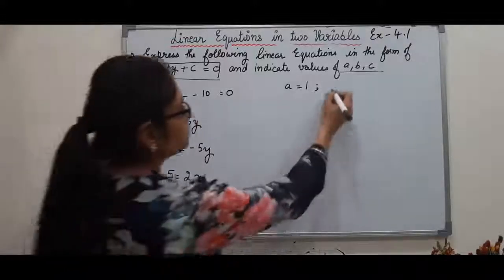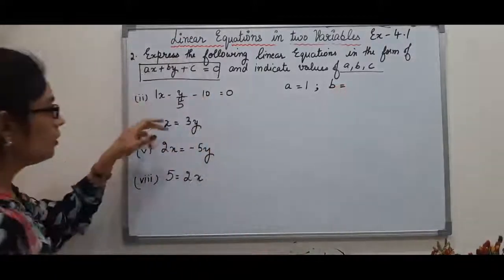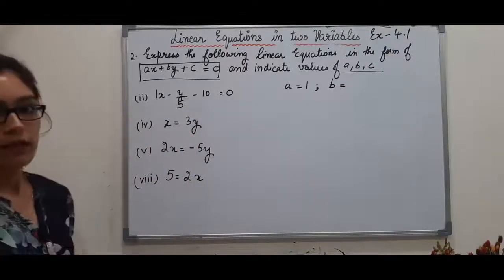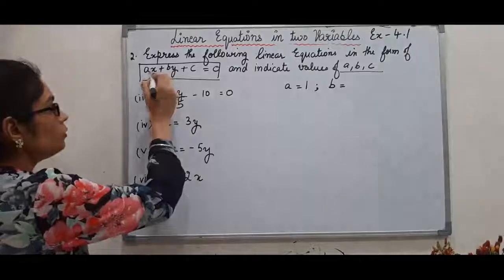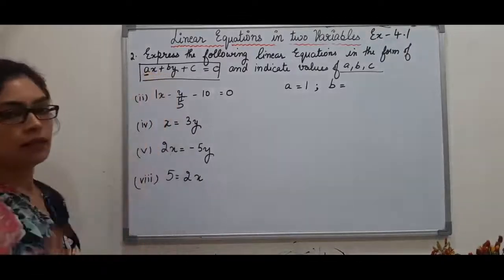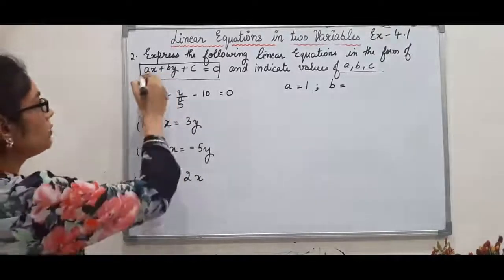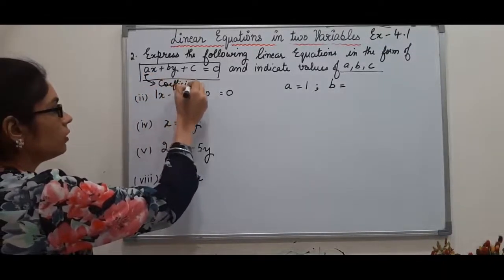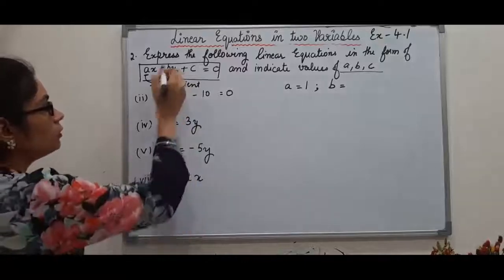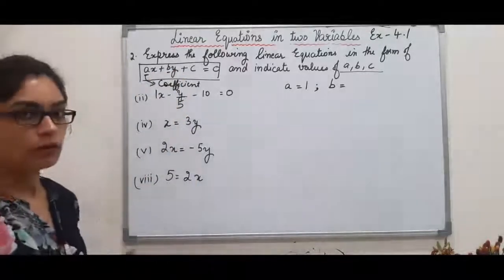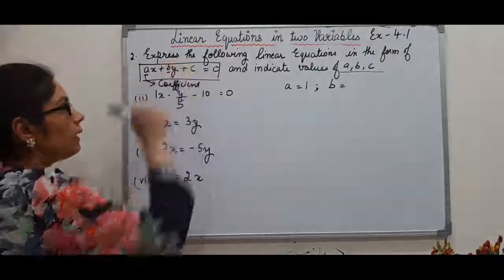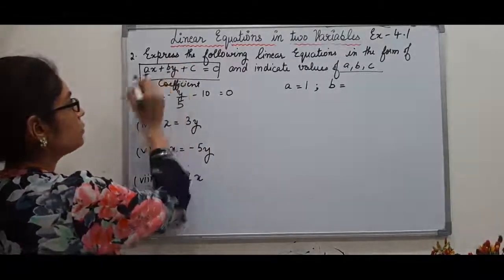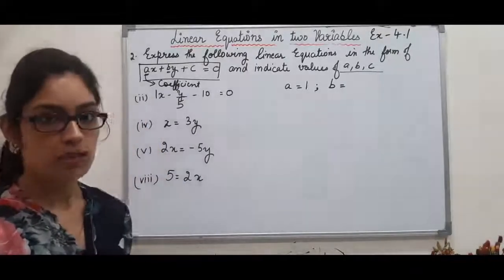Now b means whatever the coefficient of y. One thing here I will explain to you. Whatever constant is present with x, that is known as the coefficient of x. Whichever constant is there with y, that is the coefficient of y. These constants are known as coefficients.